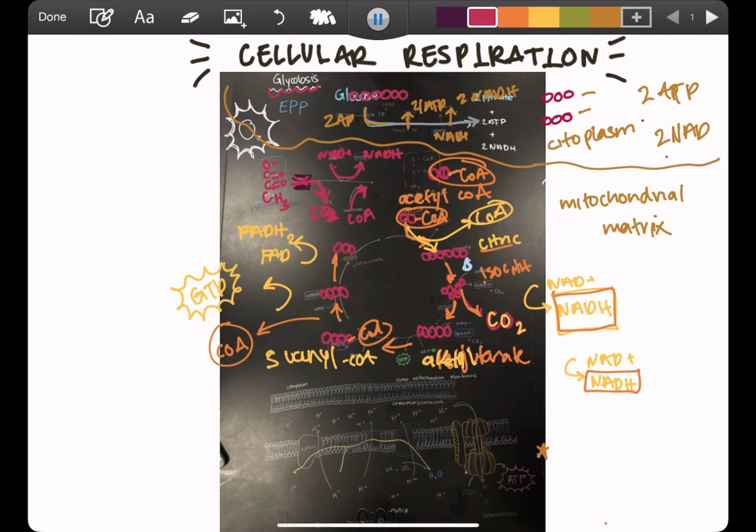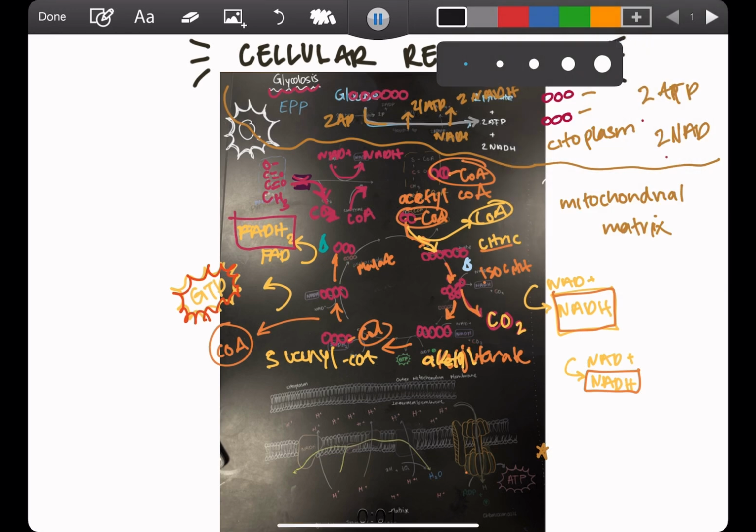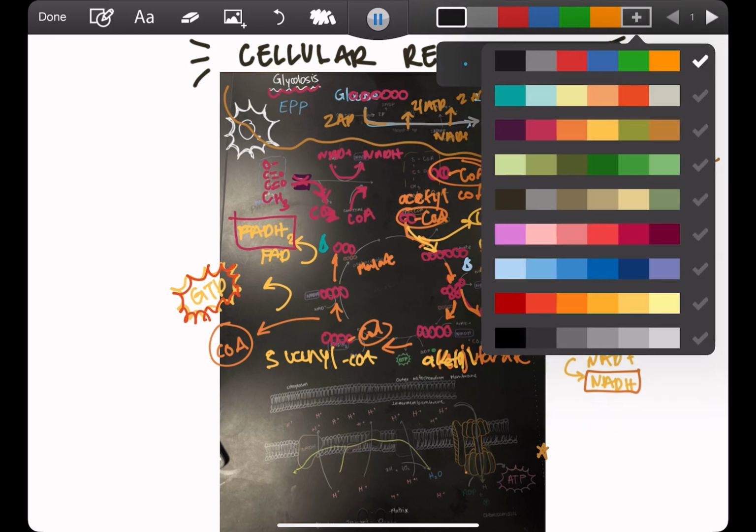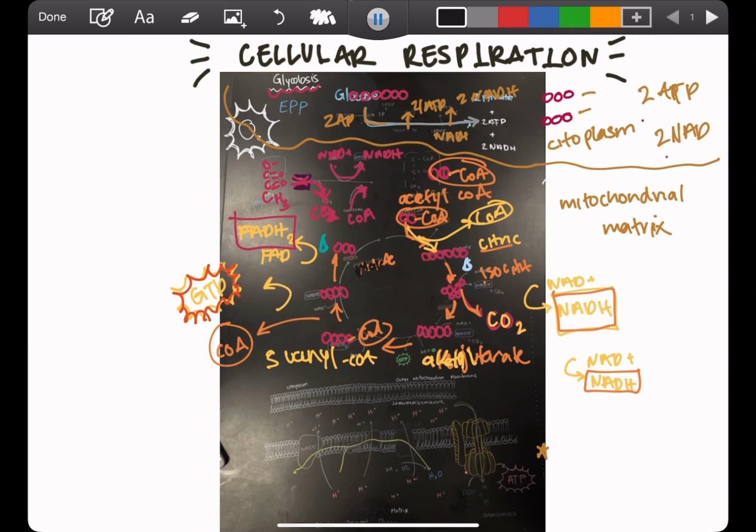Then fumarate is hydrated to form malate by the enzyme fumarase, and then the final oxidation happens when malate is oxidized back to oxaloacetate with another production of NADH.